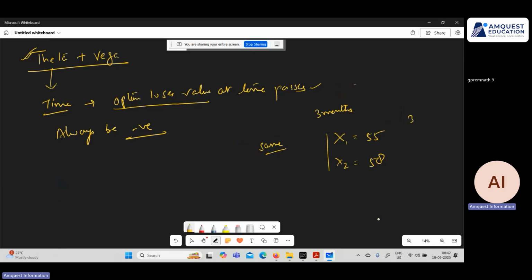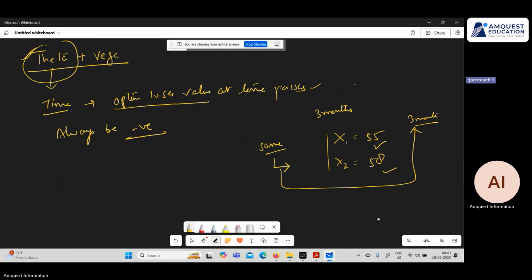If it is for 3 months, so you start from here, independent of 55 versus 58, this theta is only looking at this 3 months. Obviously when they are close enough, the value of theta could be a little bit different here or there. But you will not see much change in the theta, whether it is 55 or 58.